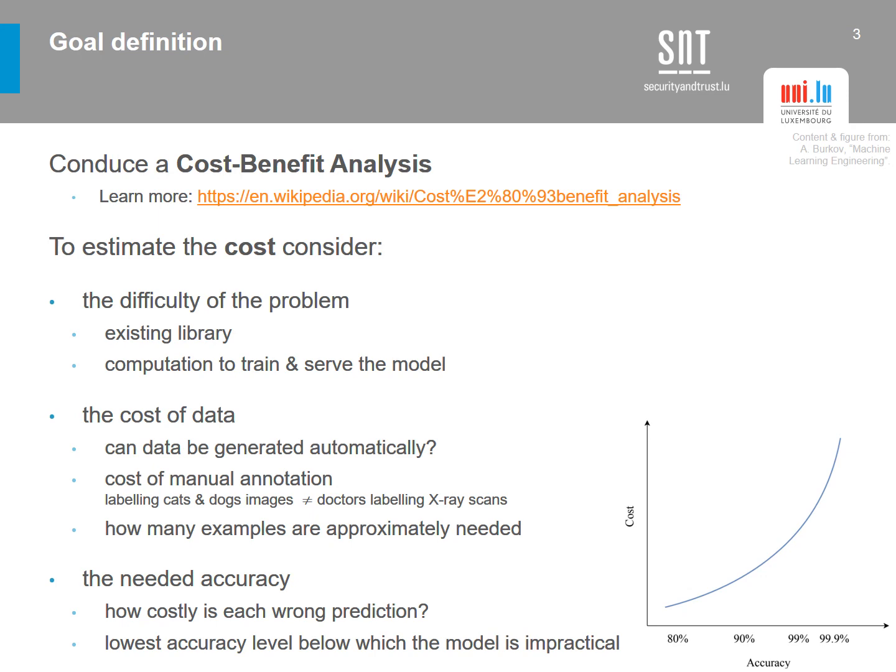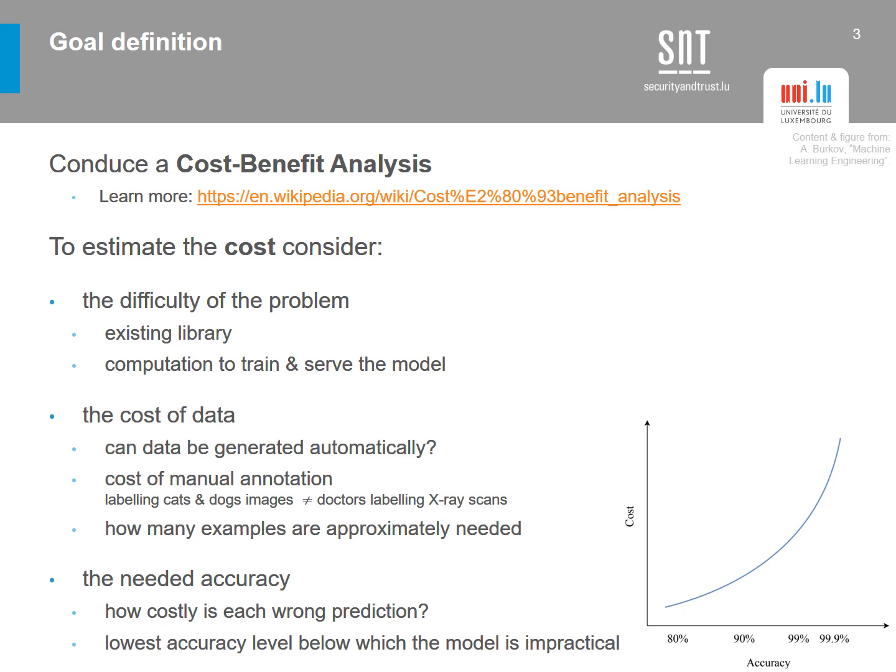Also, one thing to have in mind is the accuracy that we need. The first question we ask is how costly is each wrong prediction? We already talked about that. If each wrong prediction is very costly, then we have to take that into account when we estimate the cost.